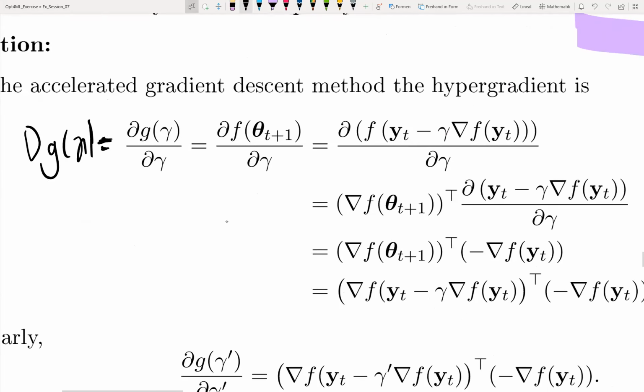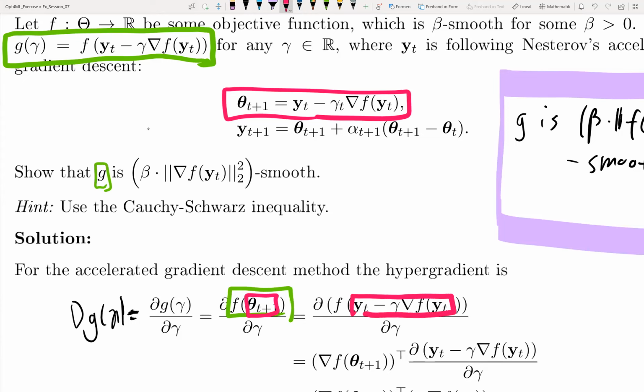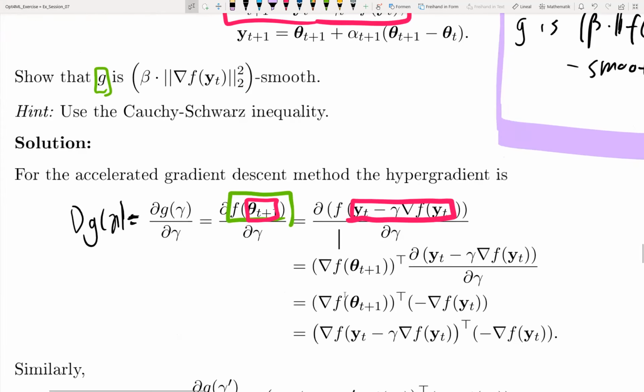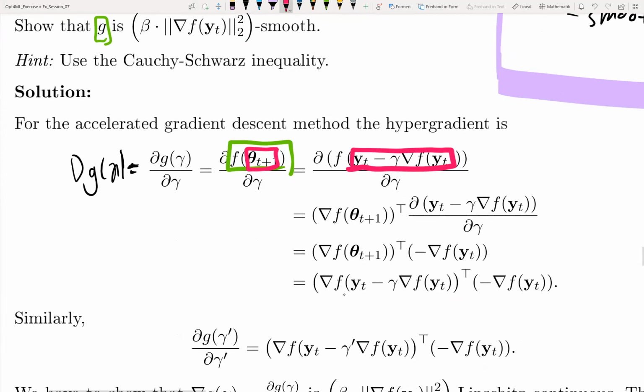So this thing here is in fact this, which we already used here in g of gamma. And how can we compute this derivative here? We use the chain rule, where we get the gradient of the outer function evaluated at the inner function.